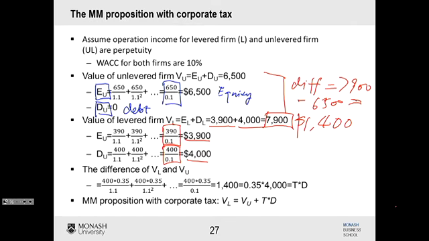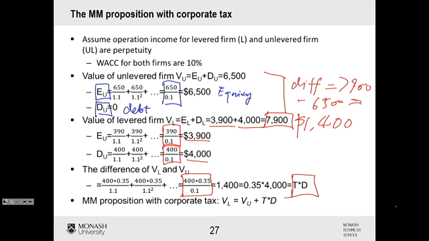So this is equal to what? 400 times the 35% tax rate, discounted by the discount rate, and we use, again, the perpetuity, which saves us a lot of trouble here, and we get where the 1,400 comes from. So it's very simple: tax rate times how much you borrow. Okay? So in the Modigliani-Miller theory, when the corporate tax comes in, the value of the firm is actually going to increase.